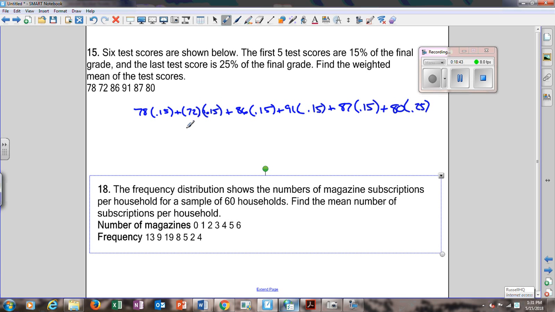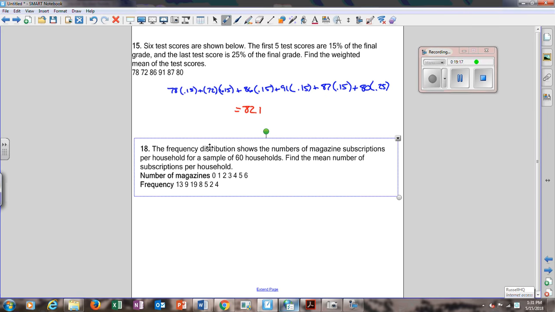So you add this all together, and you get 82.1. And that would be the weighted mean. All right.